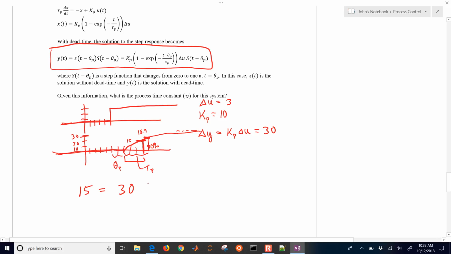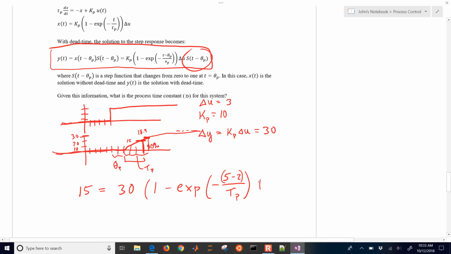And then I'll have 1 minus e to the minus t minus theta p. We know that's going to happen at 5 minutes minus 2 minutes divided by tau p. And then this s term there, that just says after theta p time that s goes to 1.